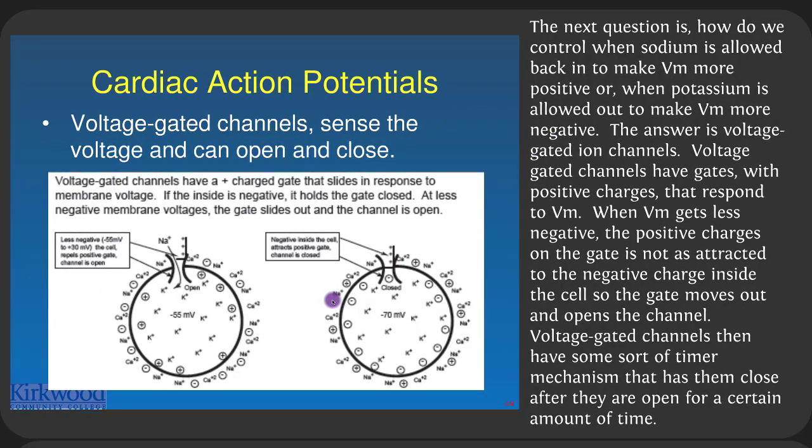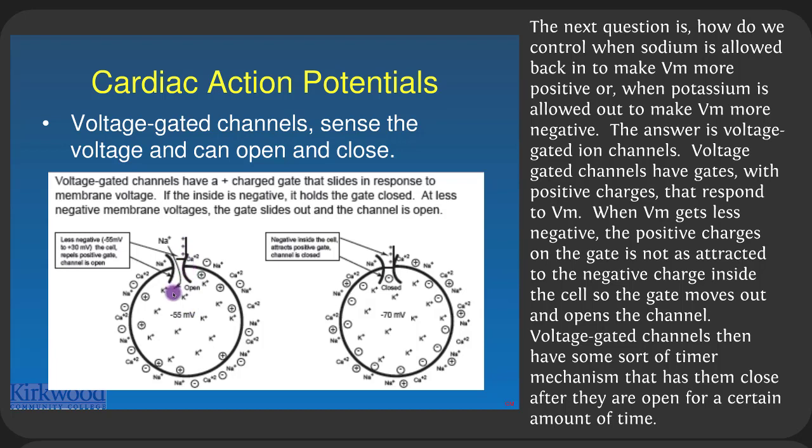The next question is, how do we control when sodium is allowed back in to make VM more positive, or when potassium is allowed out to make VM more negative? The answer is voltage-gated ion channels. Voltage-gated ion channels have gates with positive charges that respond to the voltage inside the cell.